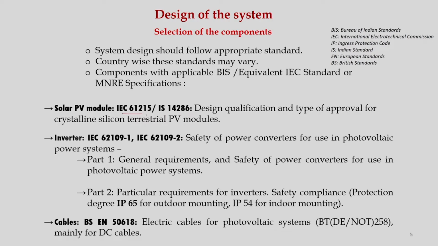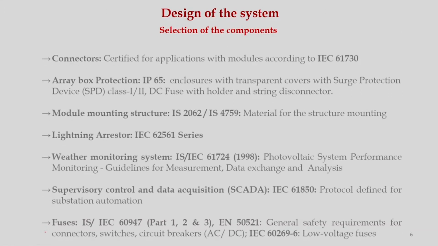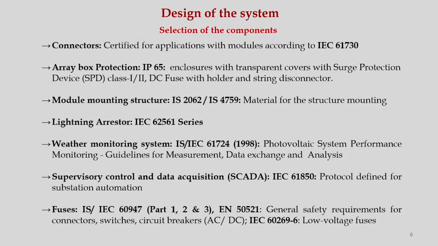For the inverter, the standard IEC 62109-1 or 2 is used, and for cables, BS stands for British Standards and EN stands for European Standards, 50618. This kind of cable standard is used. For connectors also there are specific standards, IEC 61730, and for the enclosure box protection it is IP65.